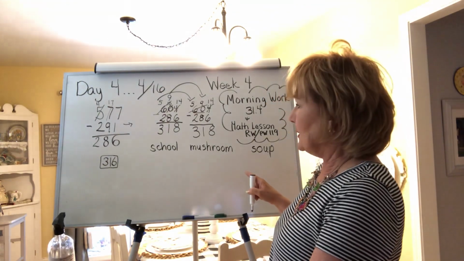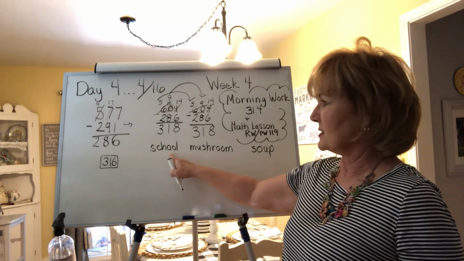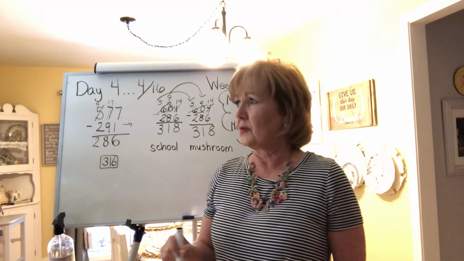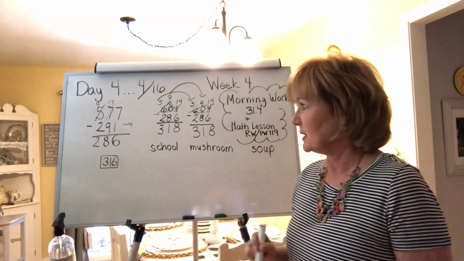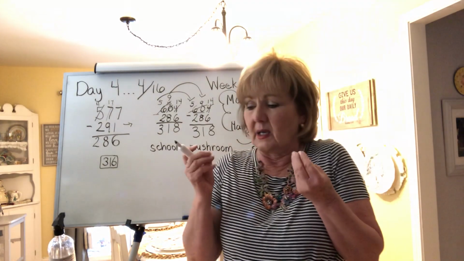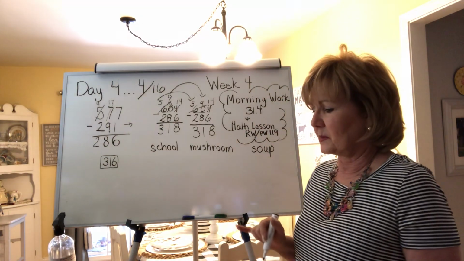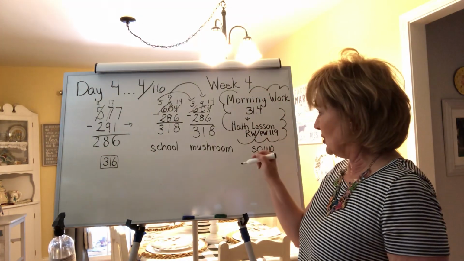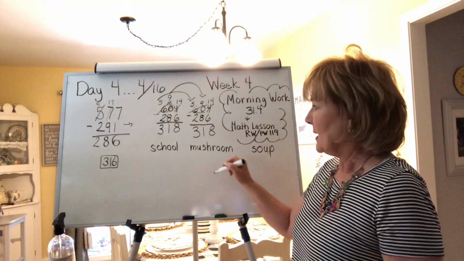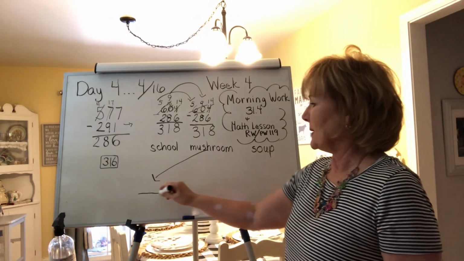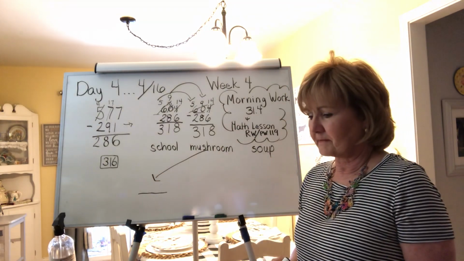Okay, an edible fungus. Is your school an edible fungus? No, we're trying very hard to avoid school turning into a fungus. We know a fungus is like mold or something that grows. Soup is not an edible fungus, even though you could put some fungus in soup, but that would be mushroom, right? So you'll want to write mushroom on the first line.